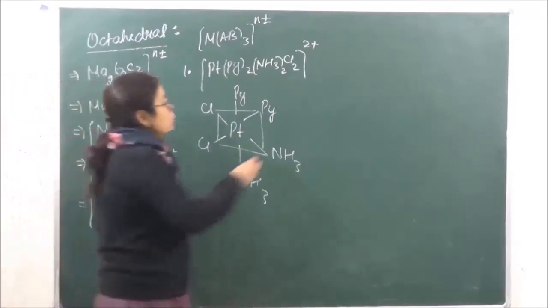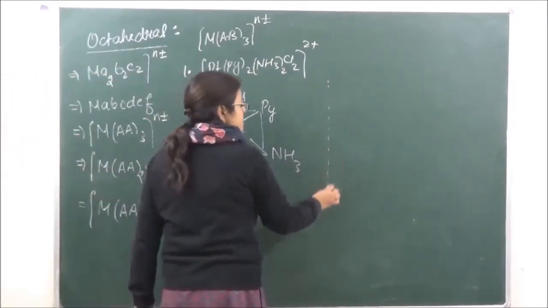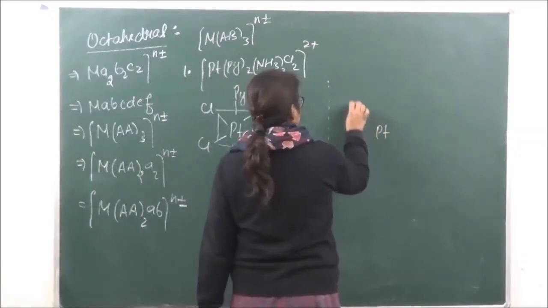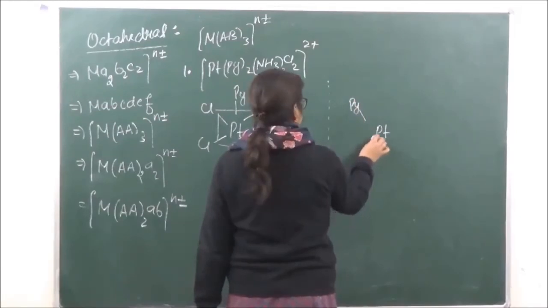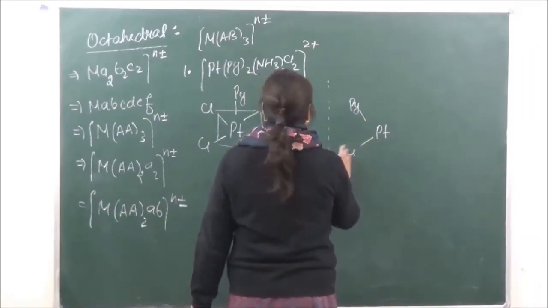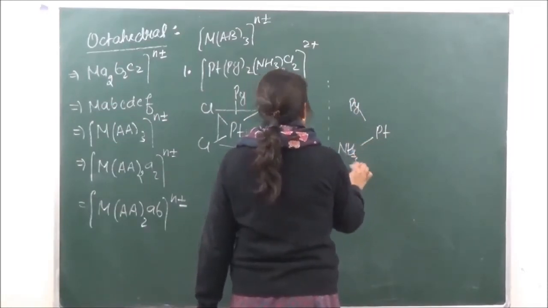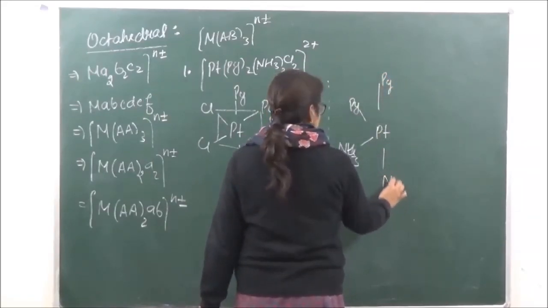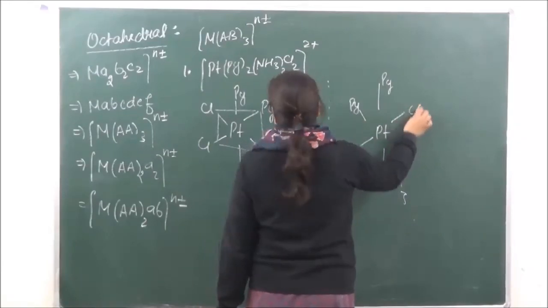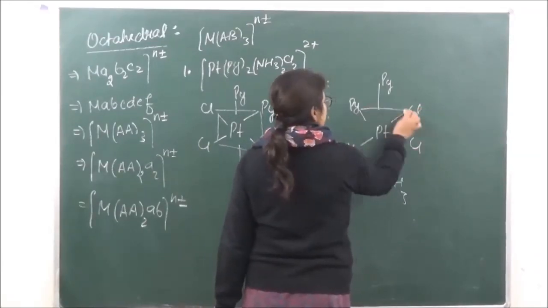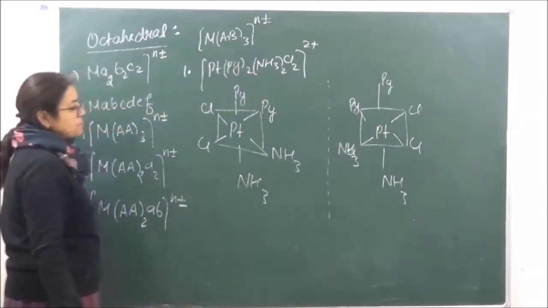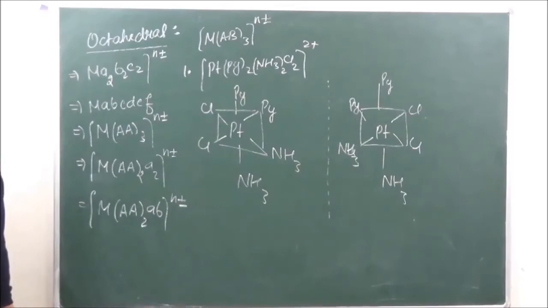Now when we draw its mirror image, we have platinum, pyridine, NH3, pyridine, NH3, chlorine and chlorine. What is happening in this case?